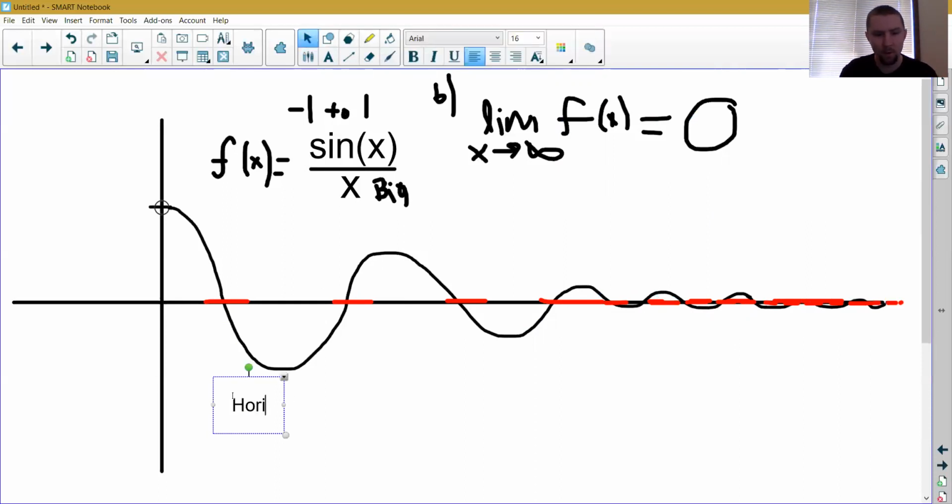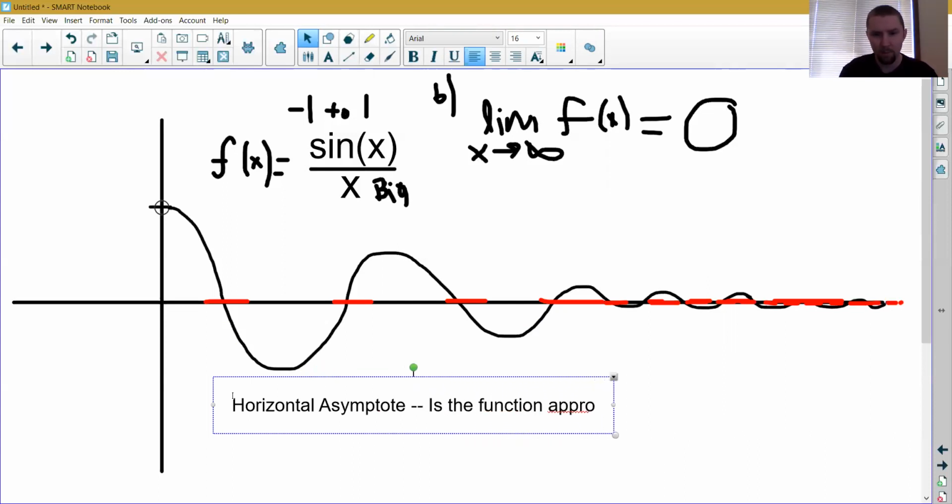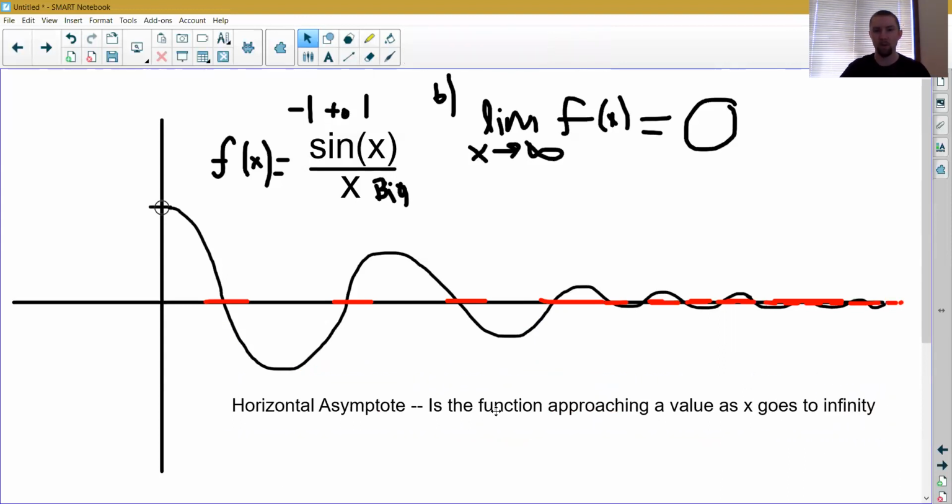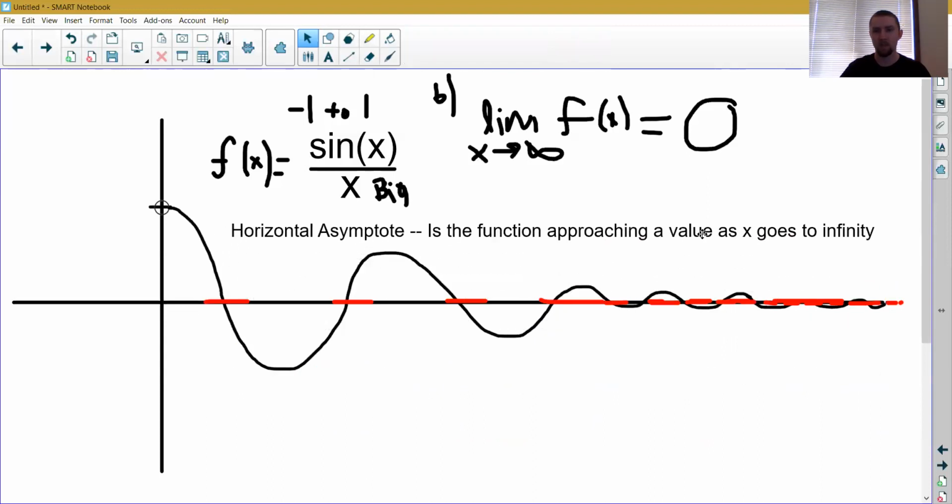So when we think of a horizontal asymptote, okay, a horizontal asymptote is basically asking, is the function approaching a value as x goes to infinity? Okay, that's really what a horizontal asymptote is about.